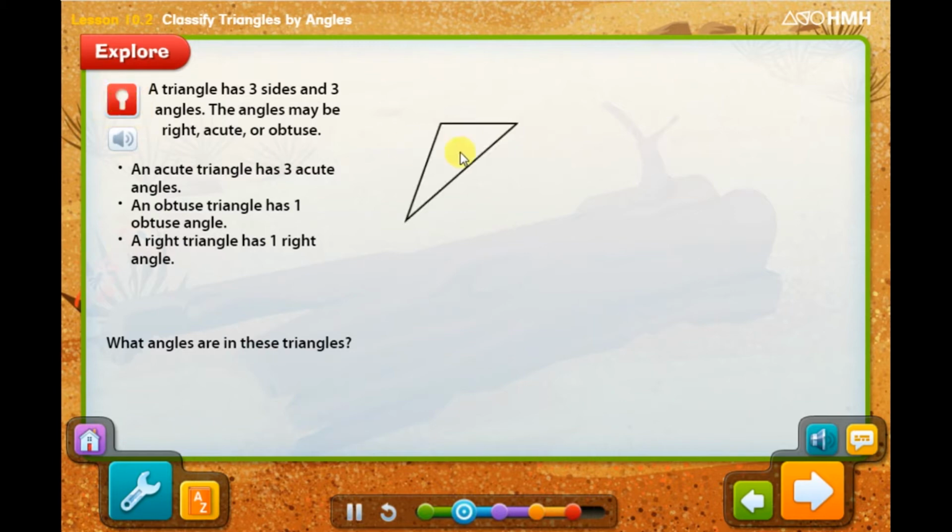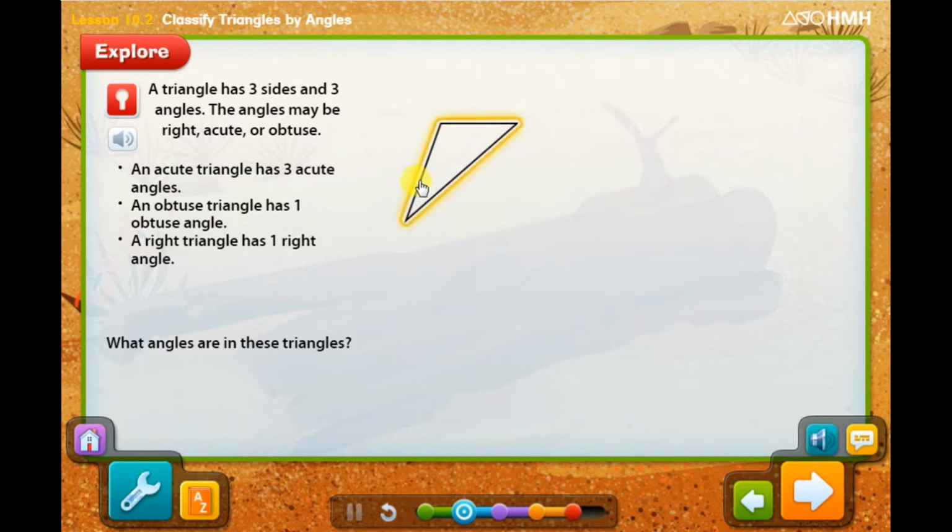Let's find out what kinds of angles are in this triangle. I can guess we have here an acute angle, very narrow and small, and this is also an acute angle. Let's see the third one. This is not acute, it is obtuse. So in this case, is it an acute triangle? No. Why? Because the condition here is to have all 3 angles be acute angles.